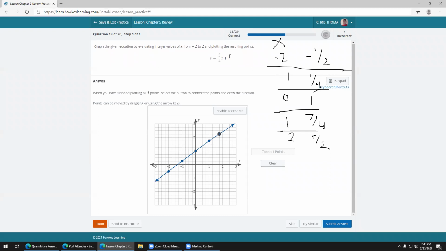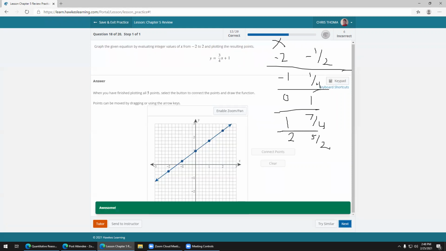I did that one in my head. No, that's right. Oh, that's what it is, I'm not over enough. There we go. Yeah, so they should have formed a line. If your line doesn't look straight, then one of your points is off, so carefully count your lines.